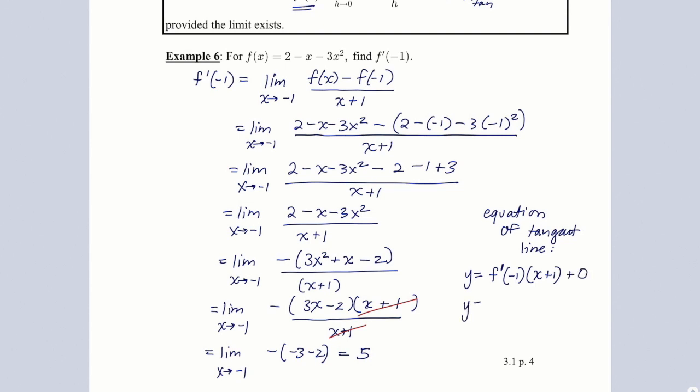So if we've done this correctly, our equation of the tangent line should look like 5 times x plus 1. So let's take a look.